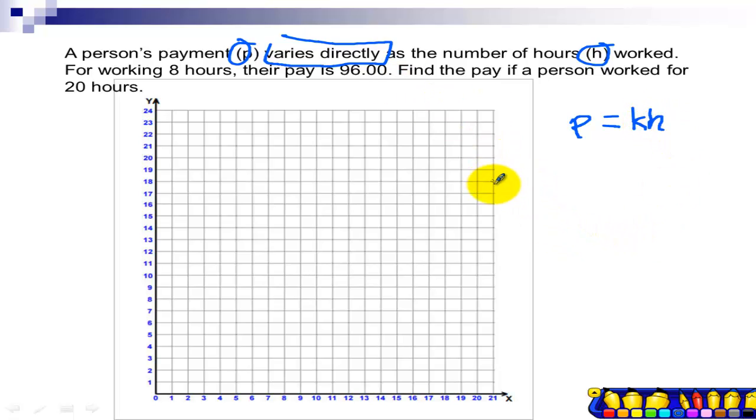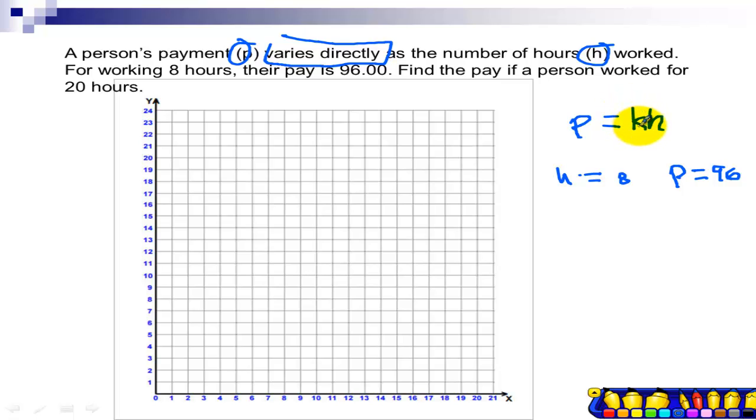Now, for working 8 hours, so if H is equal to 8, the pay is equal to $96. Now find the pay if a person worked for 20 hours. So we have to identify first our constant of variation.